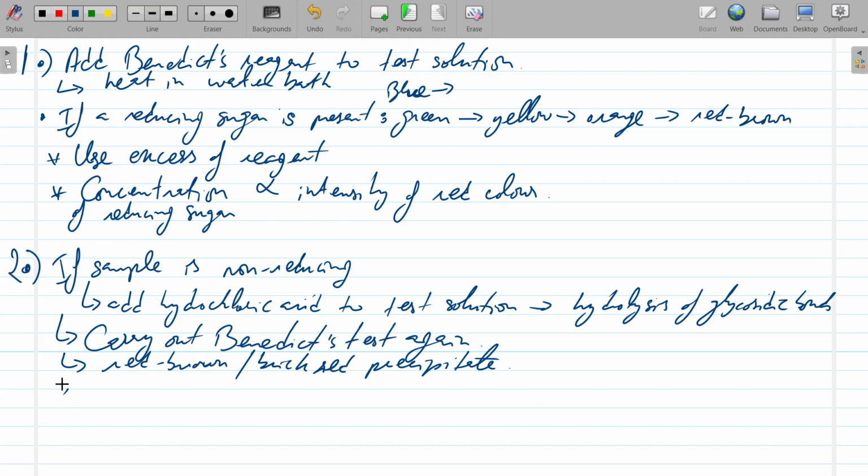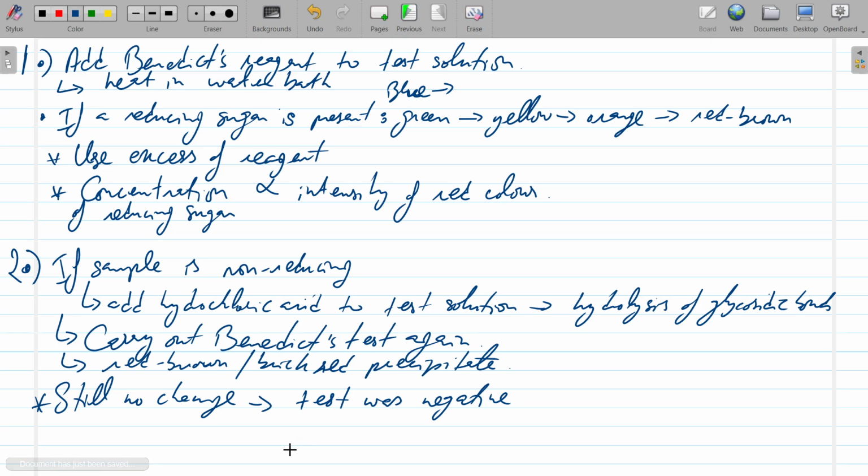If in case there is still no change, right, that means the test was negative. Whatever you had in this case was perhaps not even a carbohydrate.